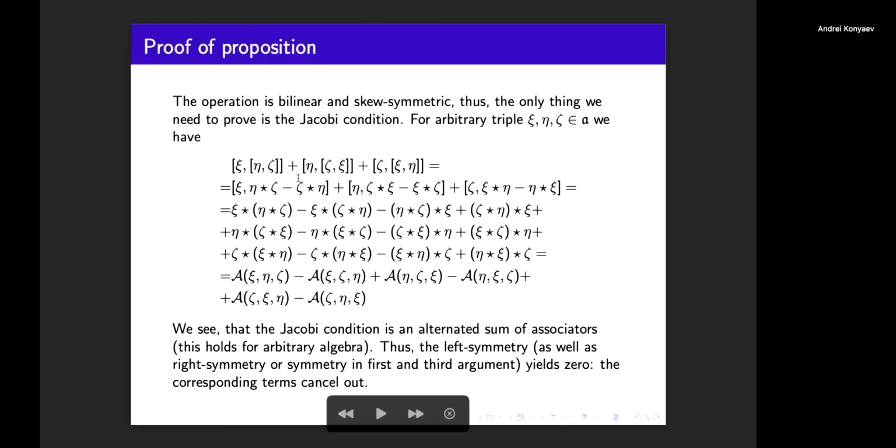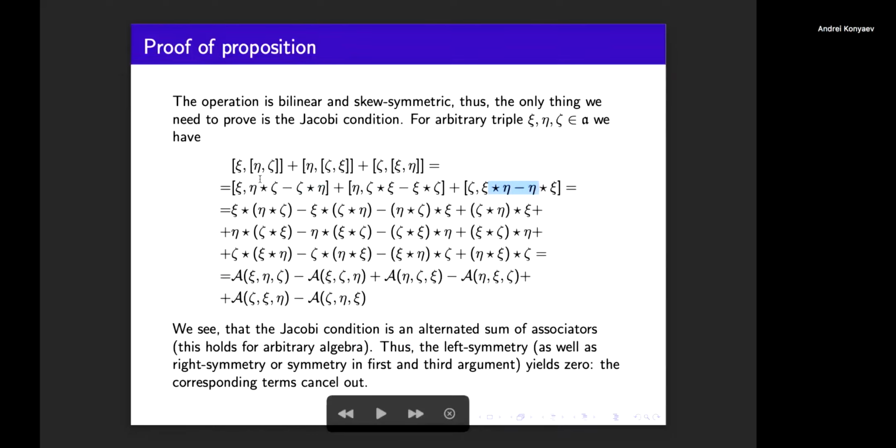First you open the inside bracket. See, it goes like this, and like this. It's very similar to the proof that the Jacobi condition holds for the multiplication of operators, but the multiplication of operators is associative. And when you open all the square brackets, you need to leave all the round brackets, because your operation is not associative.